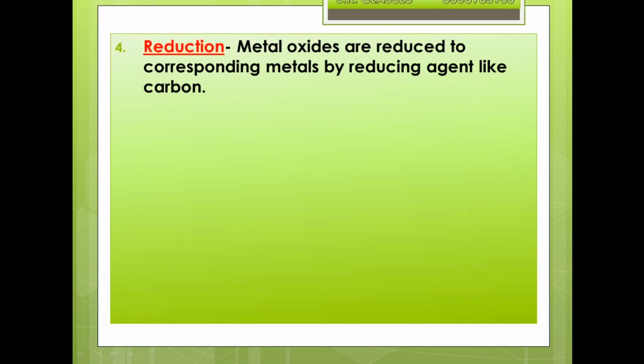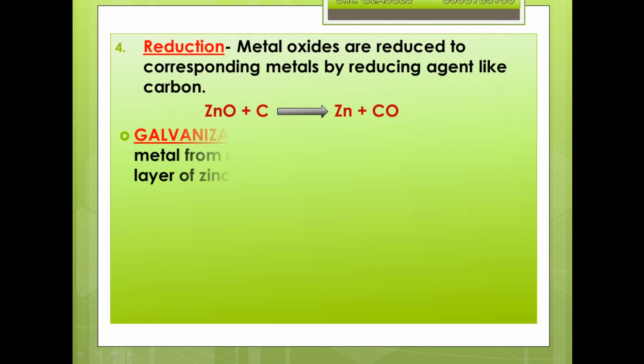And the fourth point is reduction, in which metal oxides are reduced to the corresponding metals by a reducing agent like carbon. For example, zinc oxide, as previously discussed, when it reacts with carbon, we get zinc metal and carbon monoxide gas is released.